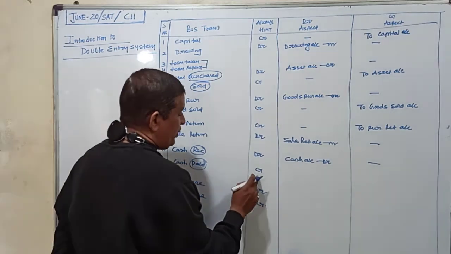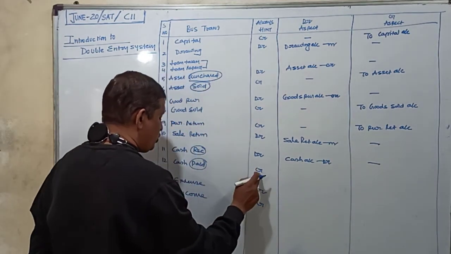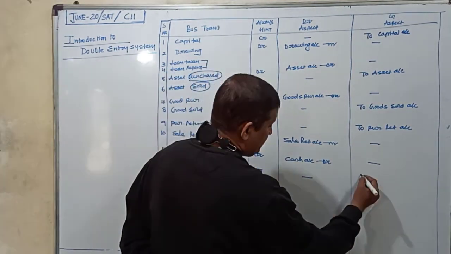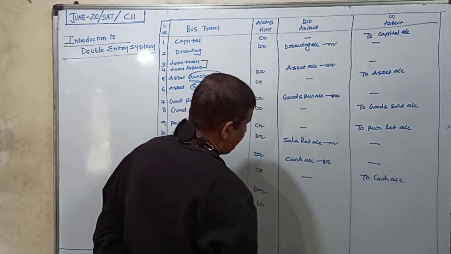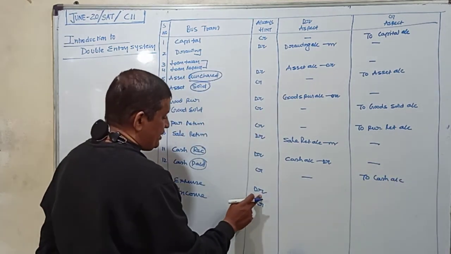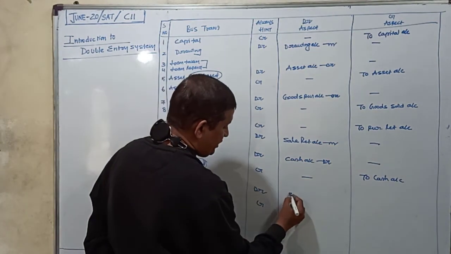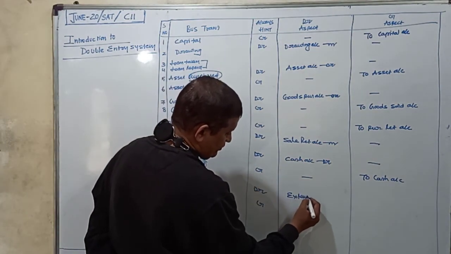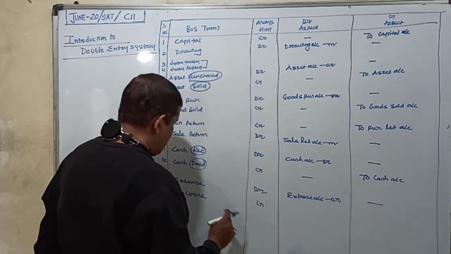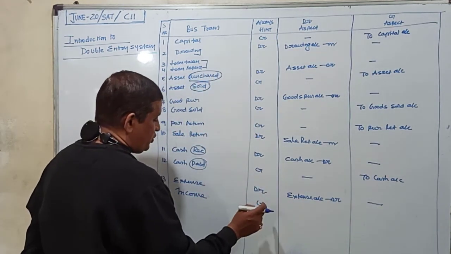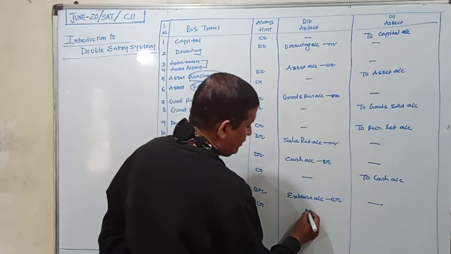Cash paid always credit. Credit means to. So to cash account. Expense is always debit, so expense account debit. And income is always credit, so to income account.